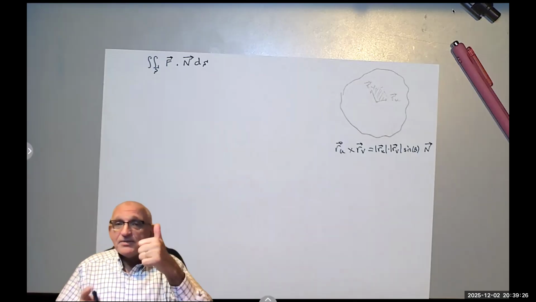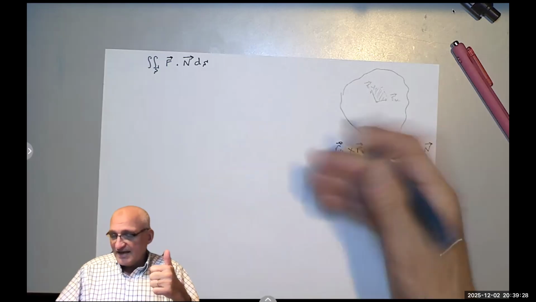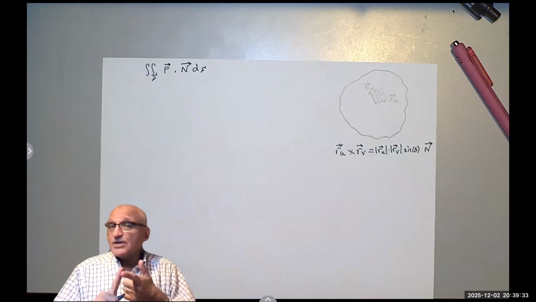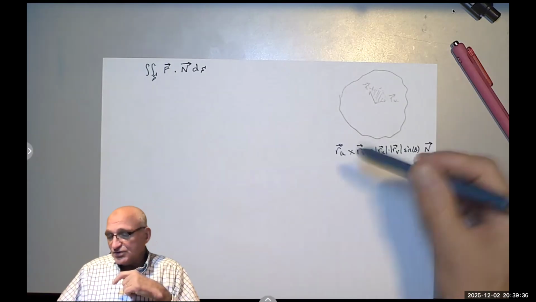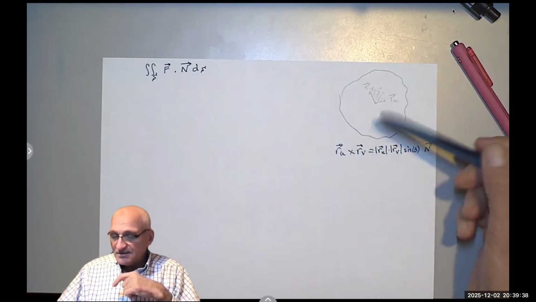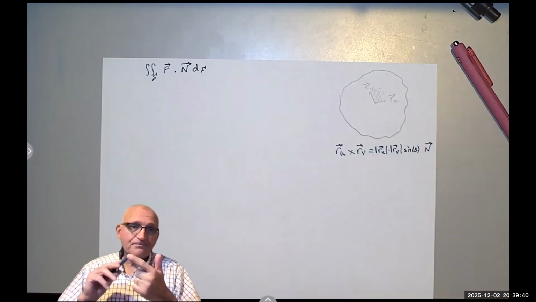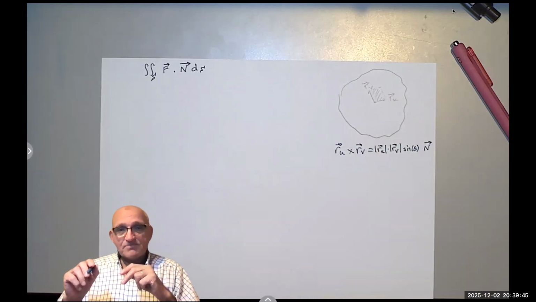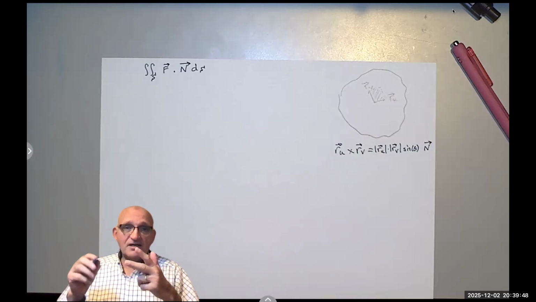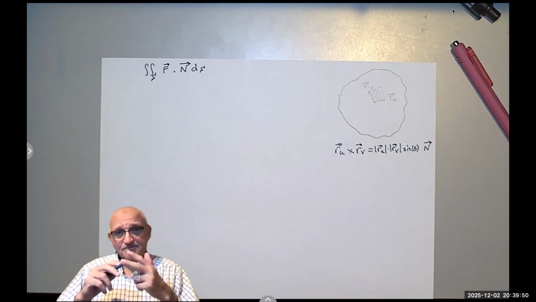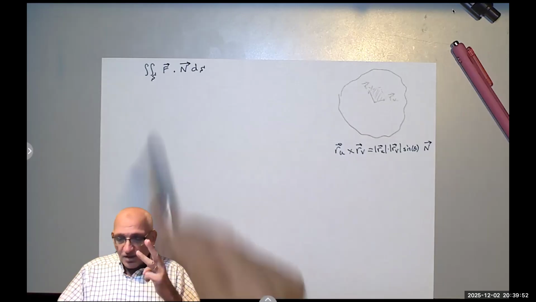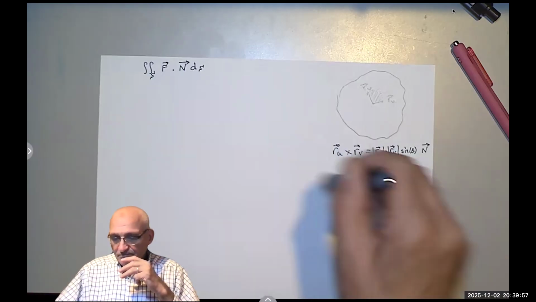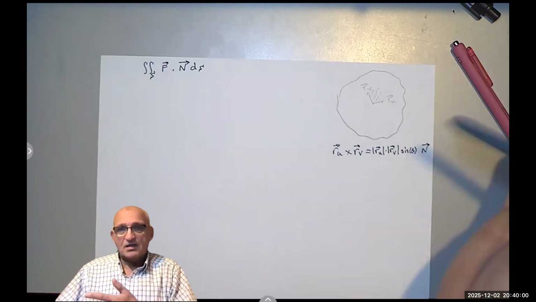Okay, so step number one, if we do not have a parametrized surface, we do the parametrization. Step number two, we take that parametrization and find R sub u and R sub v. Step number three, we get the cross product of R sub u and R sub v. Step number four, we perform a dot product between F and n dS, which is R sub u cross R sub v.